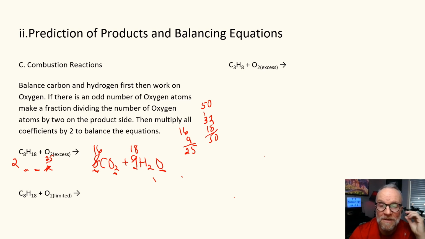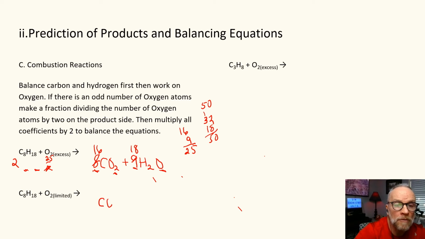All right. So let's do the limiting one. So we know our products will be carbon monoxide, and H2O. Like before, we'll balance carbon and hydrogen first. 8 and 18.